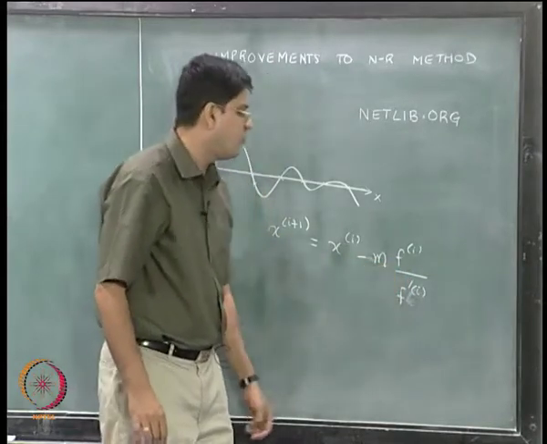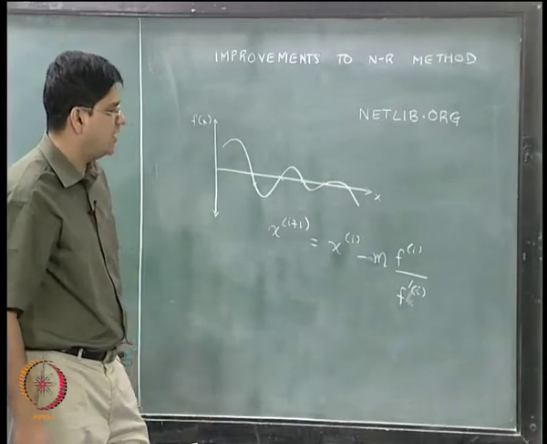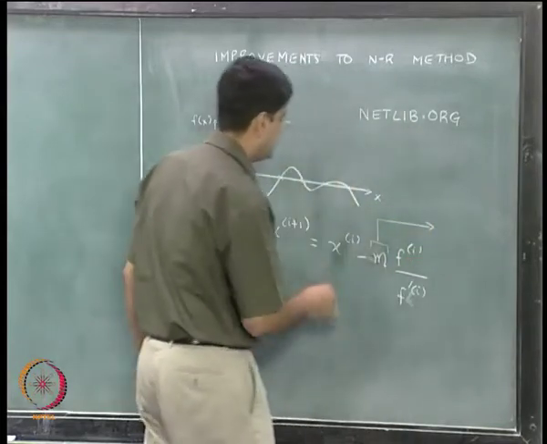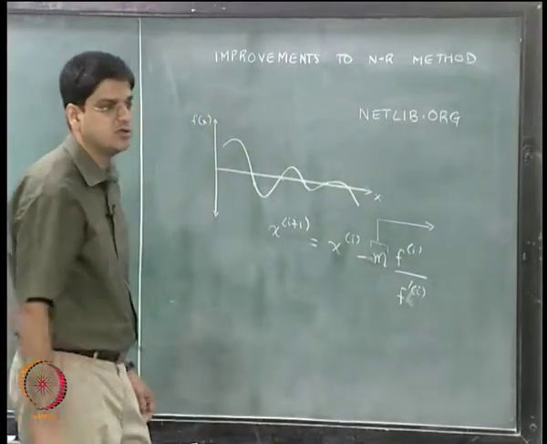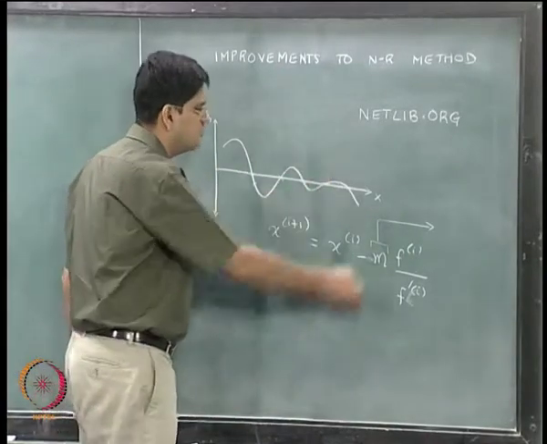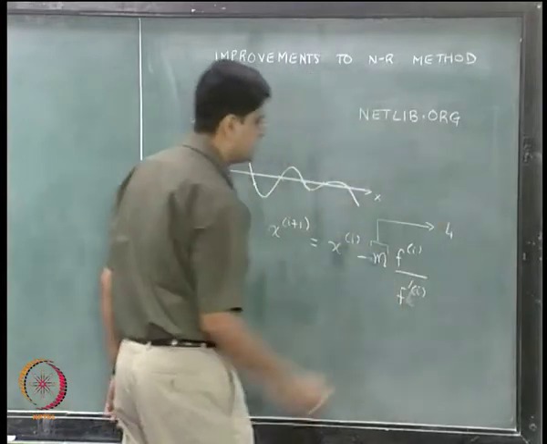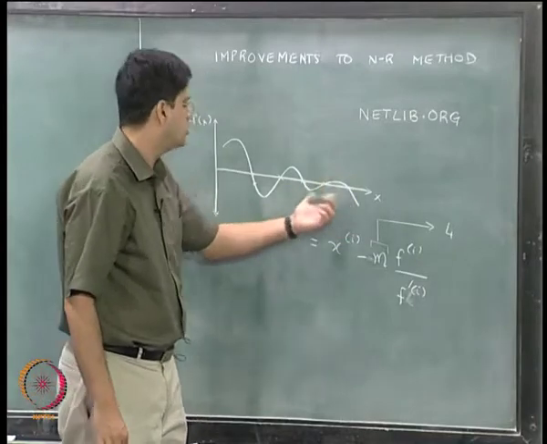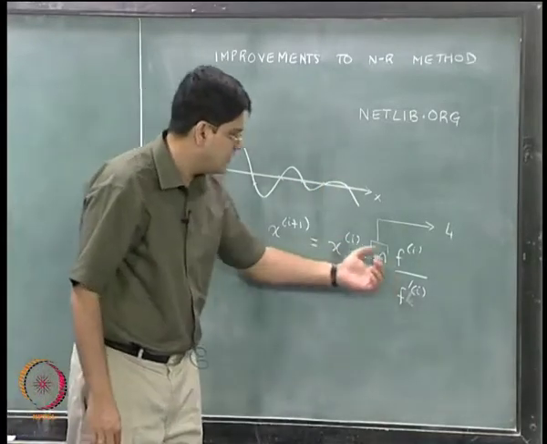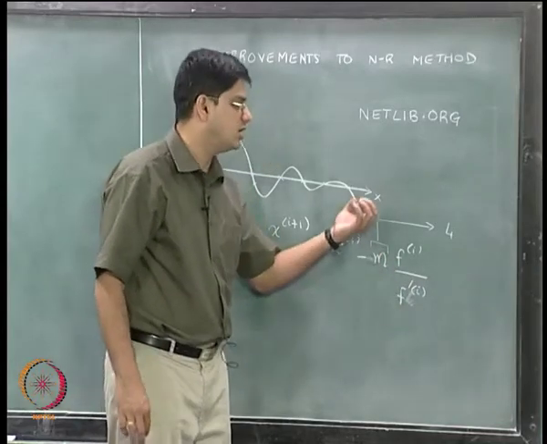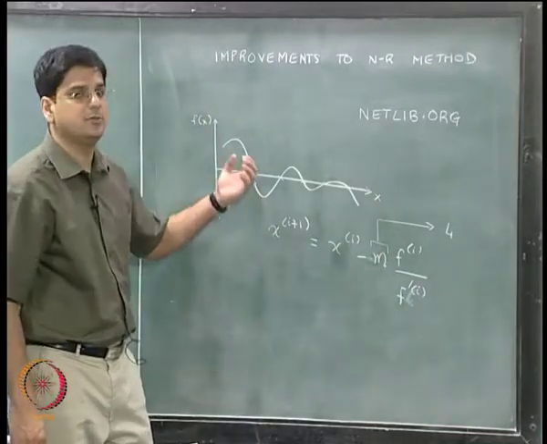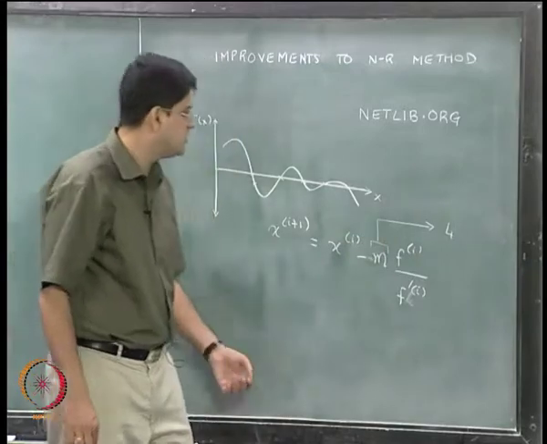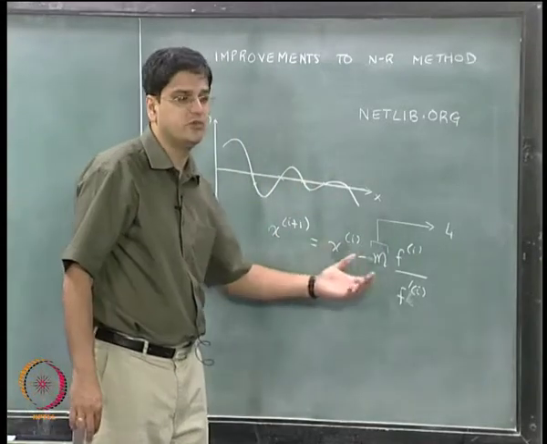The question is what factor m to choose, and Ralston came up with m being the number of times that this curve intersects the x axis. In this particular case, the m that I am going to use is 4 in order to get the fourth solution to f of x equal to 0. By choosing m equal to 1 they are able to get the first solution very quickly. In order to go to the second solution, you choose a different value of m in order to improve the convergence rate.